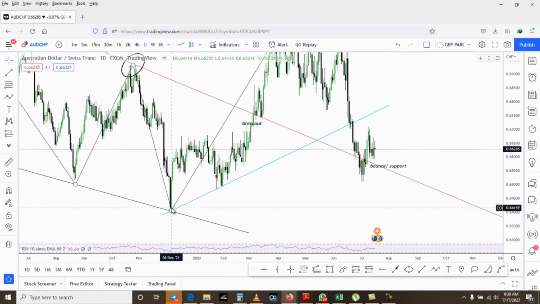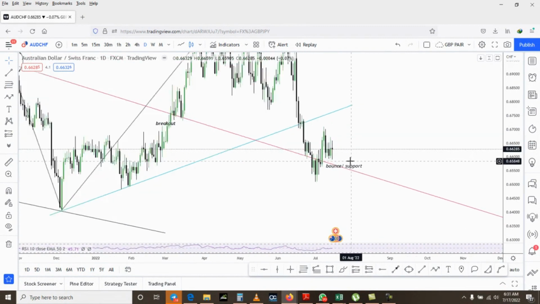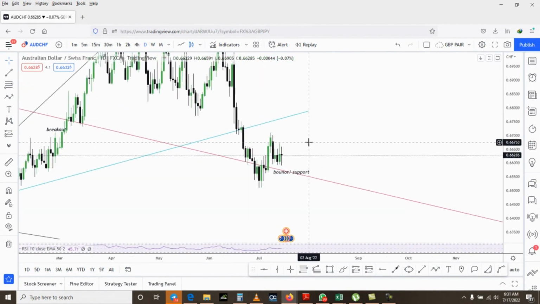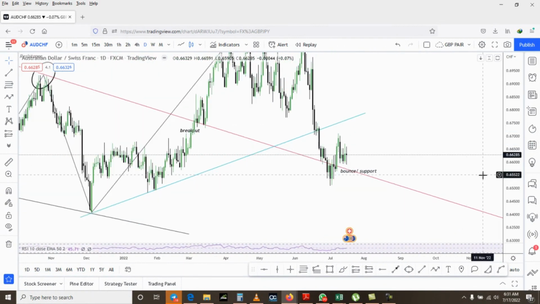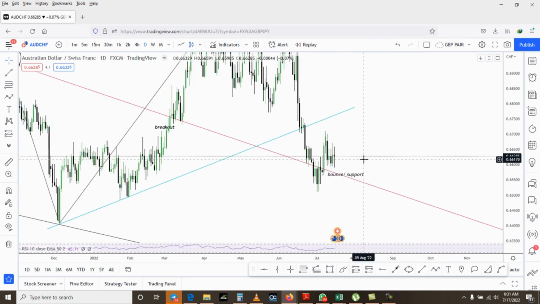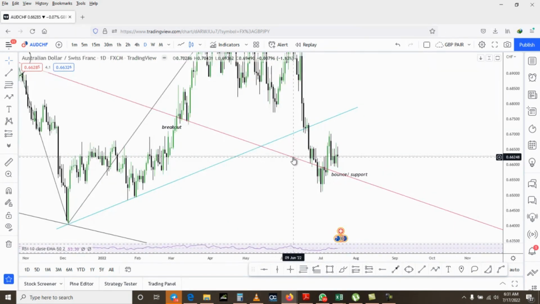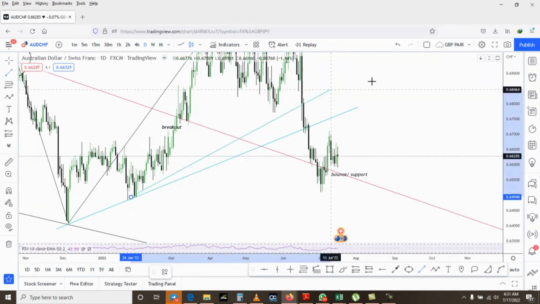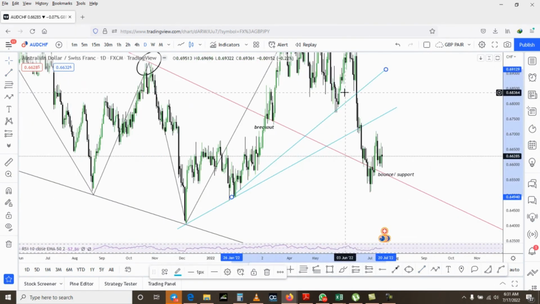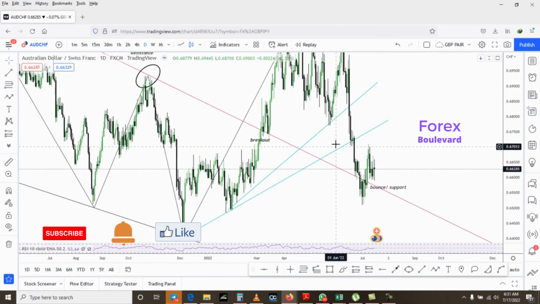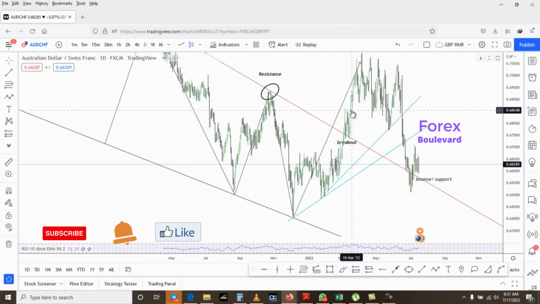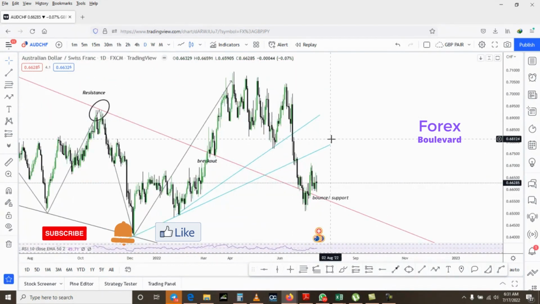So we have one touch here, two touches here. The third touch did not hold, it broke, and then it kept going. You understand? Then you can scale down to the 4 hour. This is another trend line here. That's how we came about all these trend lines.